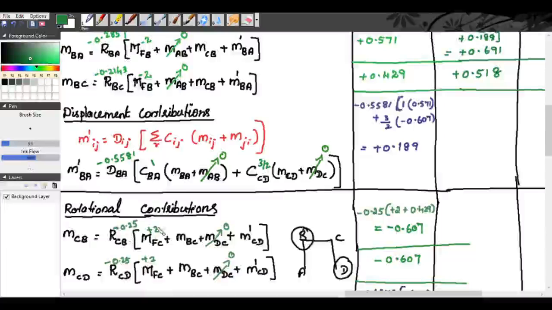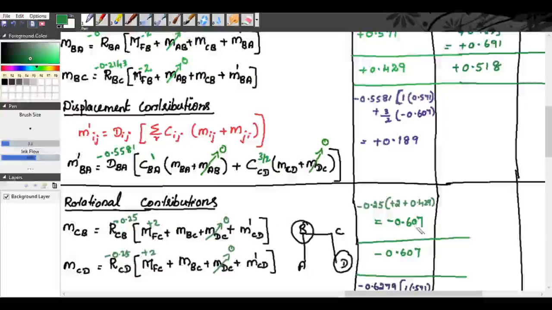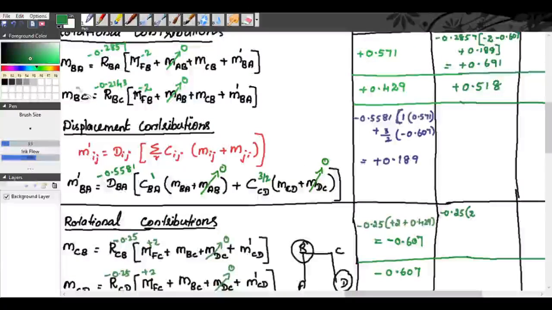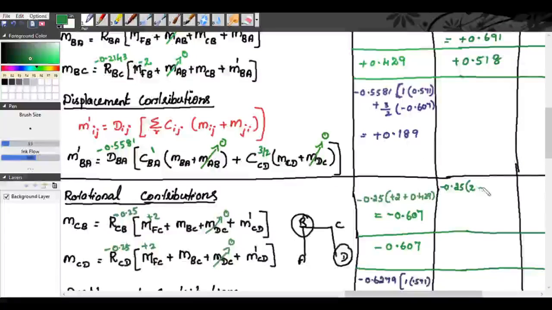Now, we have to find the rotational contribution at the joint C. Rotational contribution at joint C is minus 0.25 into plus 2 MBC. We obtained MBC in the last iteration as plus 0.518.